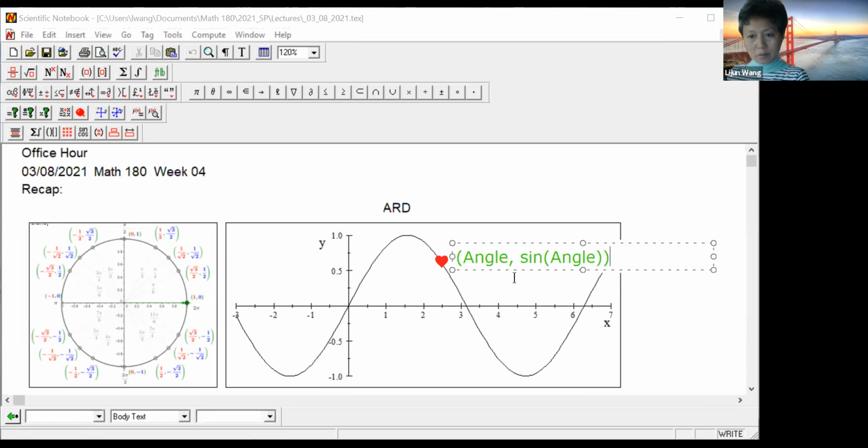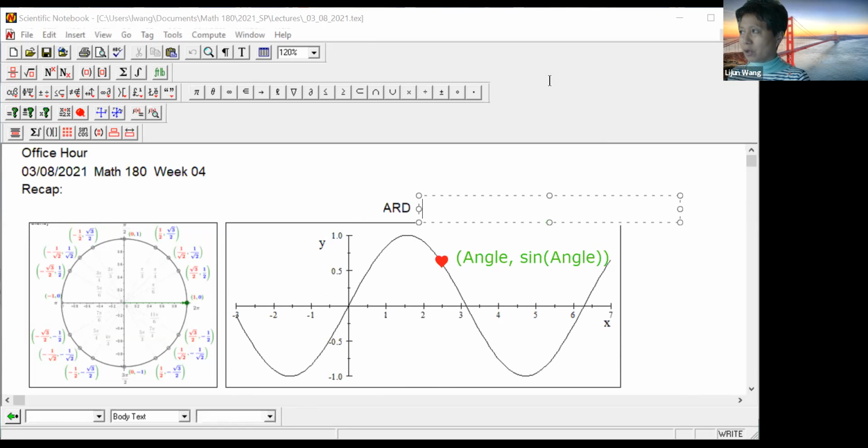Okay, that's what the curve tells us. Very good. So from A to D, do you see that? A to D directly. So this sine curve tells us from A to D.